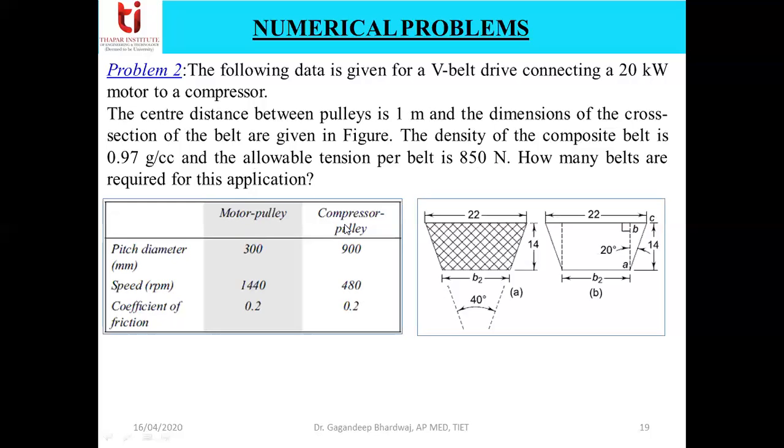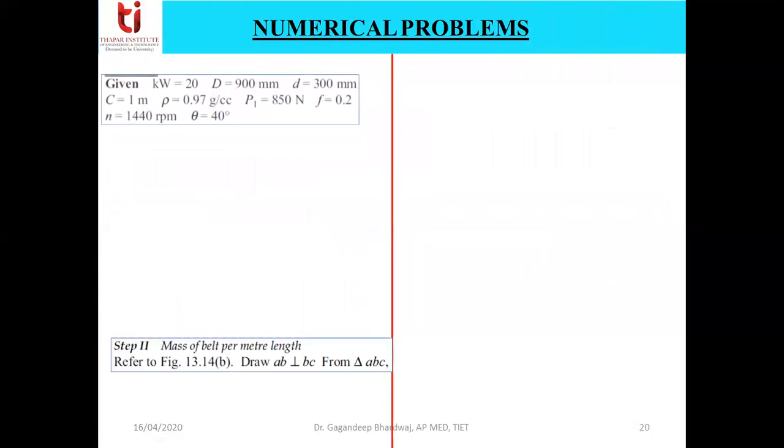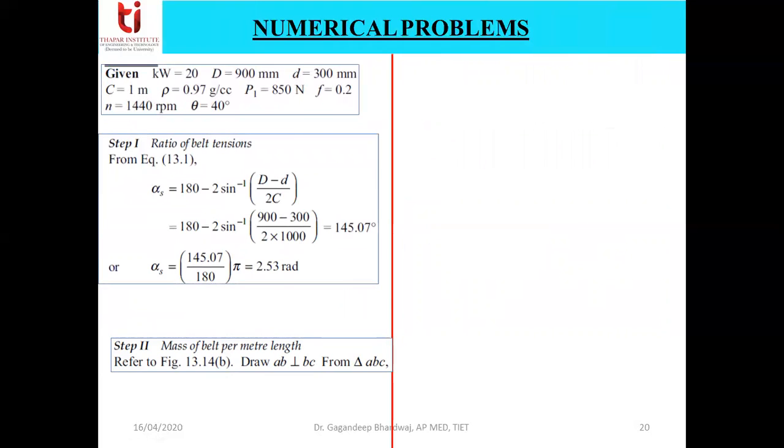For the motor pulley and compressor, the pitch diameter is given for both, the coefficient of friction is given, and the speed is given. First of all, diameters are given, center distance is given, density is given, P1 is given as 850 Newton, coefficient of friction is given, and theta is 40 degrees.